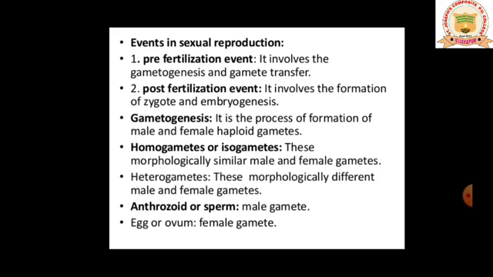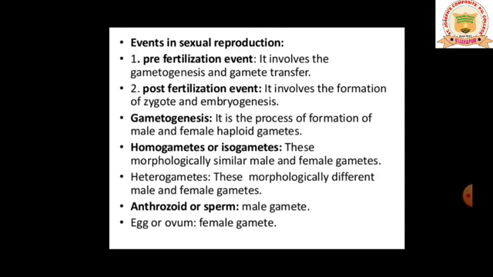Now you should know what kinds of gametes there are, and the nature of the gametes. The first one is homogametes or isogametes. Both names are similar, but different authors have used different terms, so you are supposed to remember both terms. These are gametes that are morphologically similar; you cannot identify which is male and which is female.